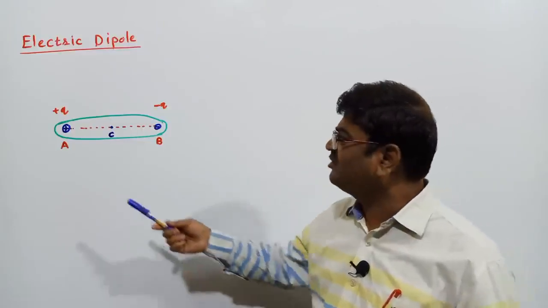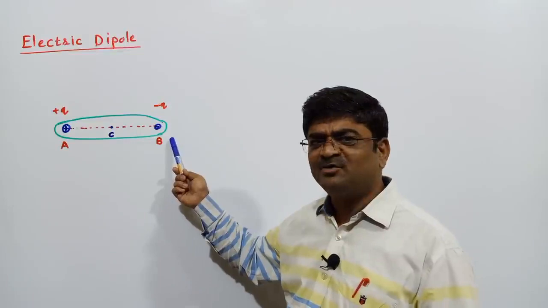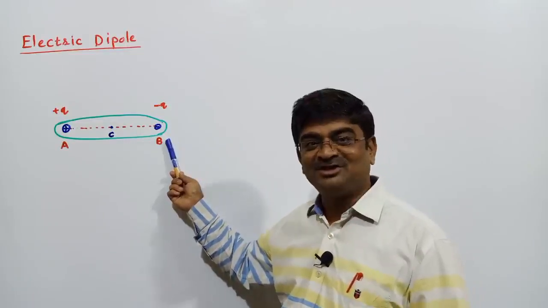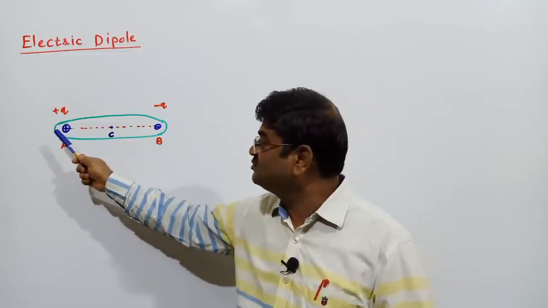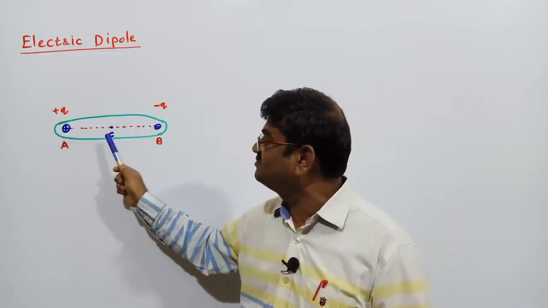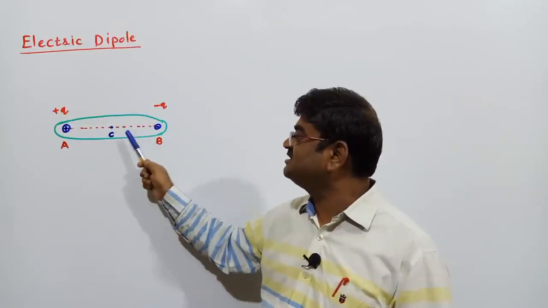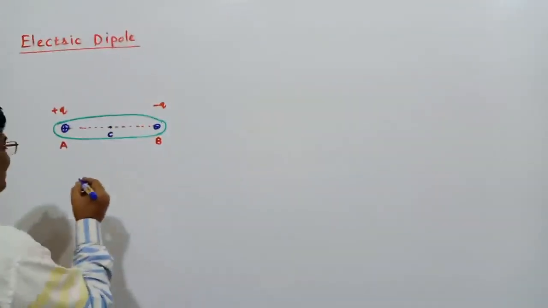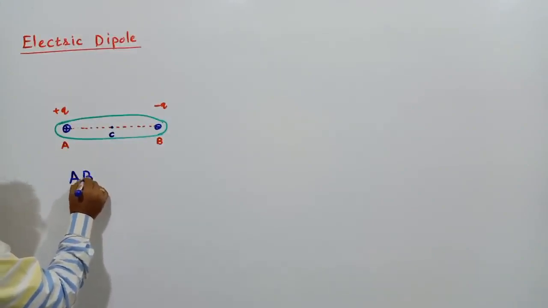Again to remind you, this AB is your dipole length. But while expressing dipole length, I told you I need to mention distances with respect to C. So I had mentioned the positive charge is at a distance L from center. The negative charge is at a distance L from center. So the dipole length of this dipole AB we express as 2L.